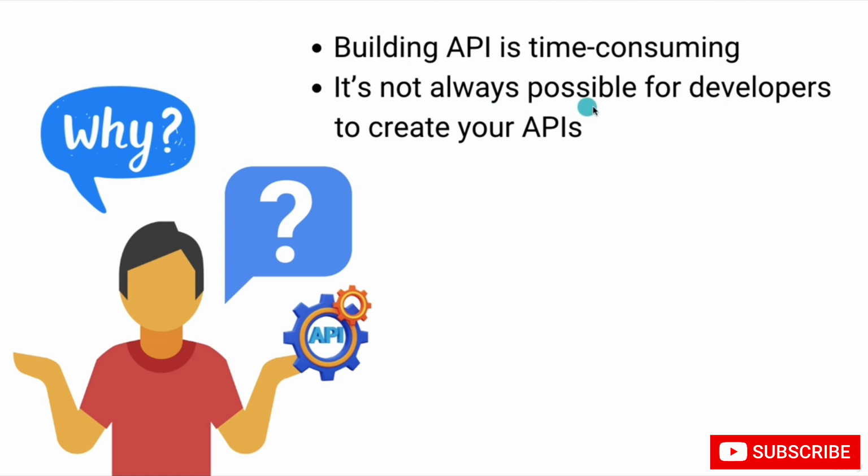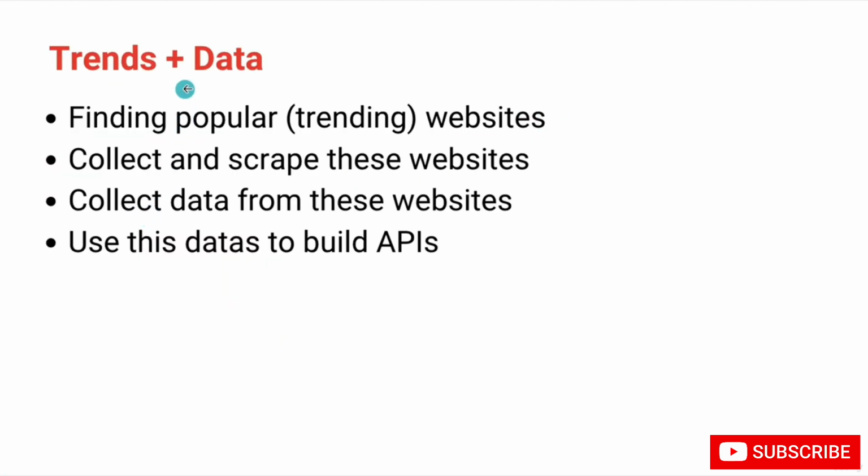It's not always possible for developers to create it, because, for example, let's say we are creating an API using data. In that case, you will collect lots of data and analyze it, and on that basis you will create APIs.